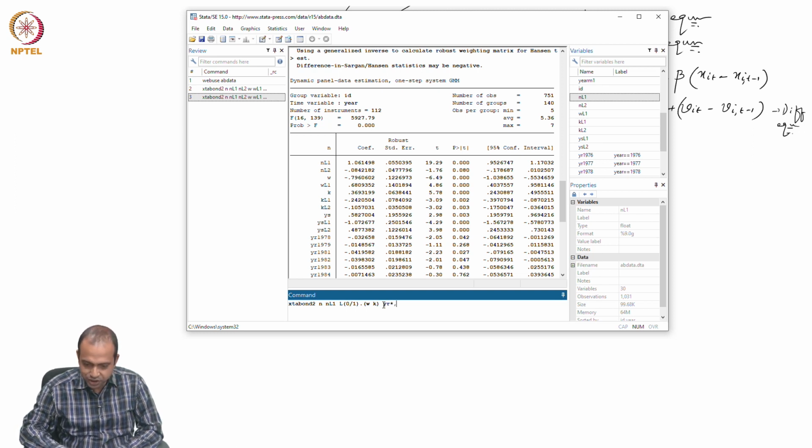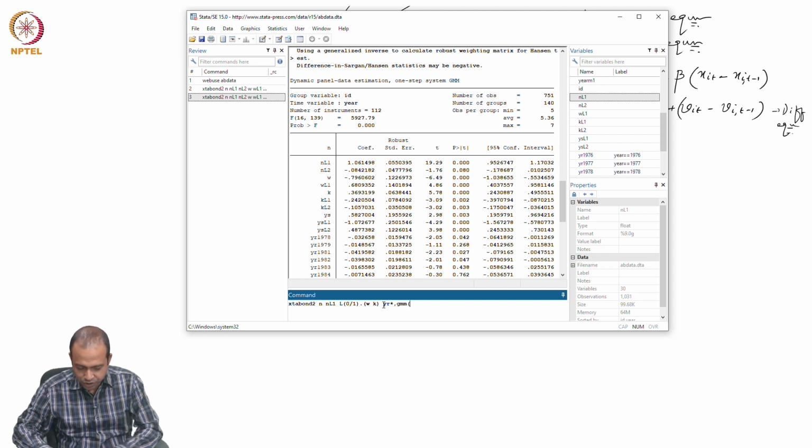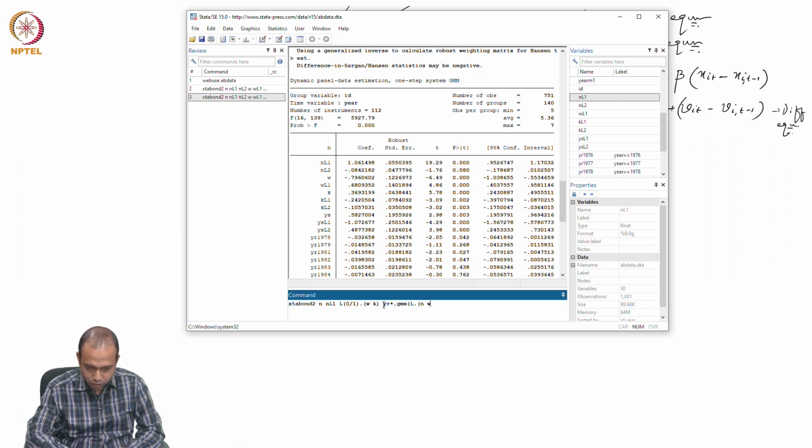Then within GMM, what are we doing? Within GMM, L dot, this is the precise way of writing the command, n, then w, and then k, and we are closing the bracket. This is my GMM. And what is my IV?